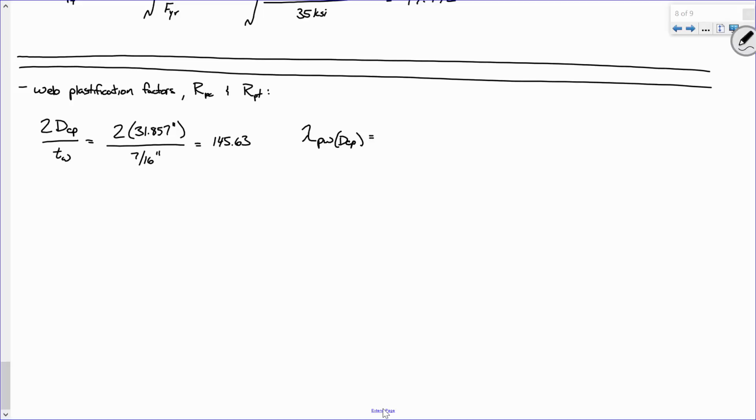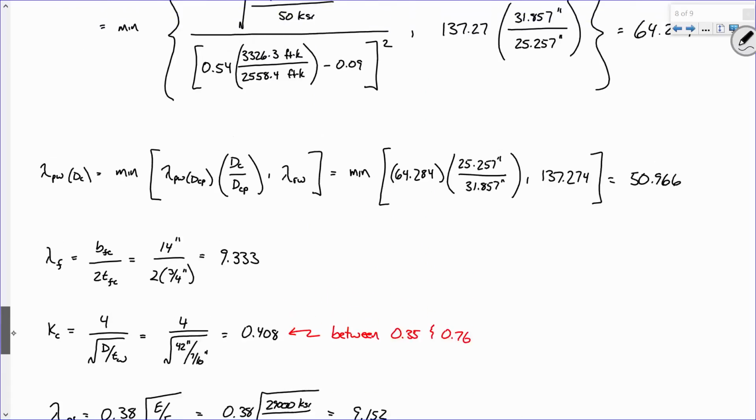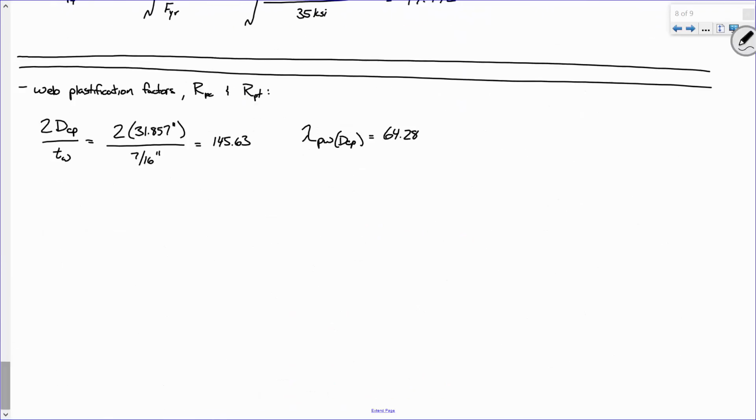We already computed that, and if I remember, we got a value like 64.284. Isn't that what we got? Make sense?